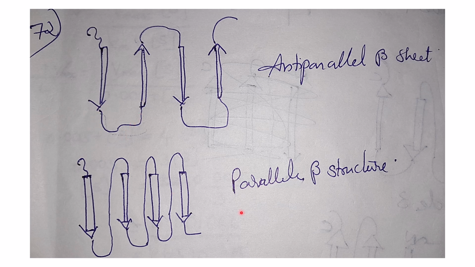Whereas in a parallel beta sheet, you see they have to be connected from N to C and then back to N. So you have to take a longer loop, a longer peptide sequence. See here, to connect from this C terminal end to this N terminal end, you need a longer one. Longer chain length is required. So here also longer chain length. Like this, it is longer chain length for a parallel beta sheet structure than an anti-parallel beta sheet structure.